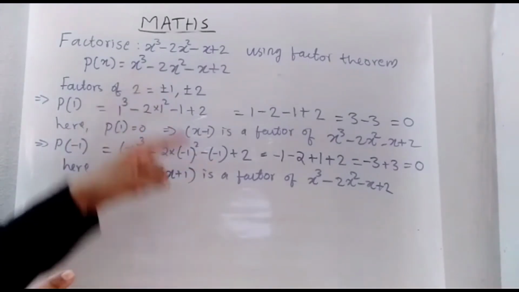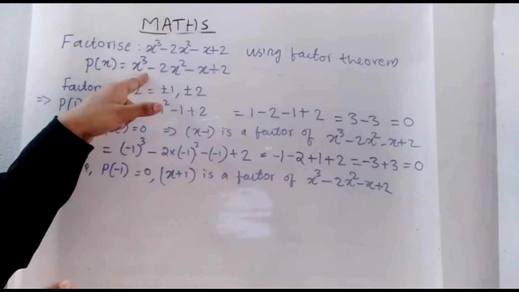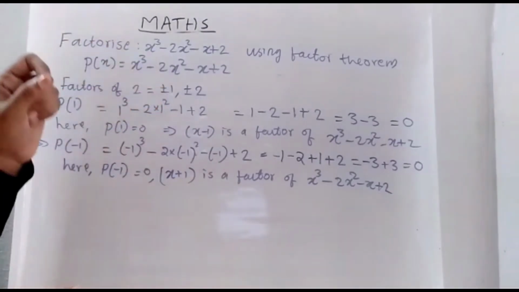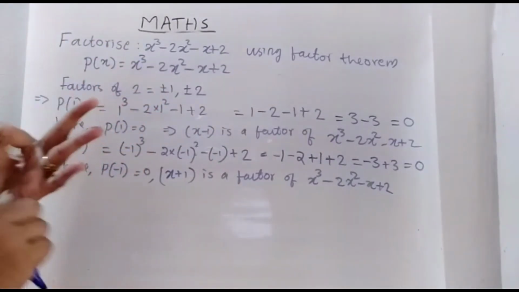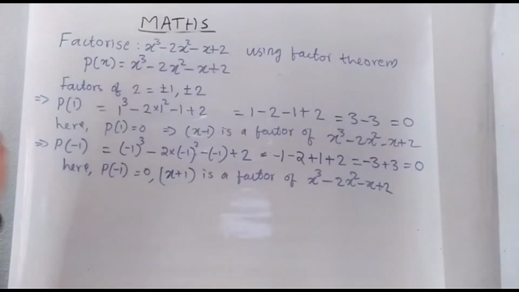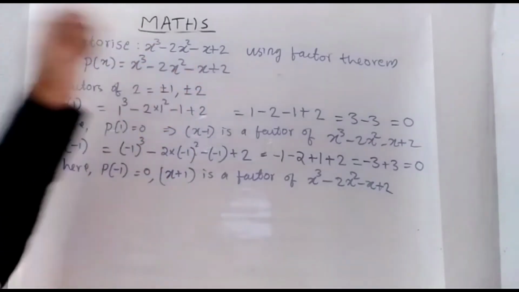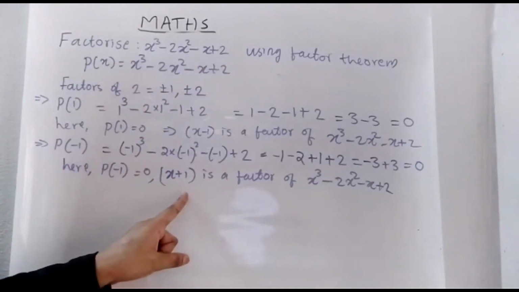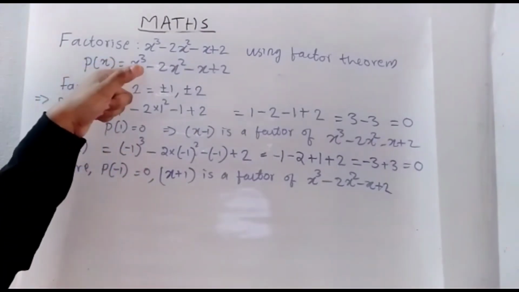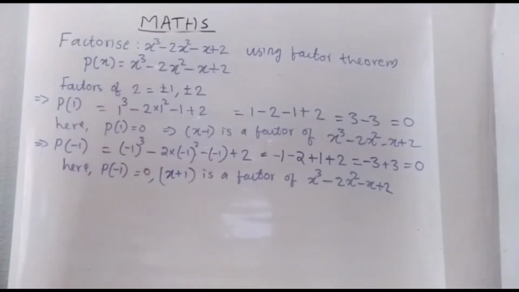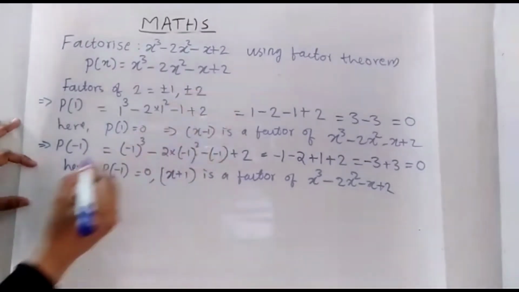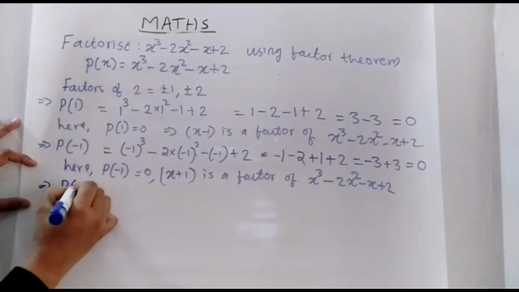But here it is which kind of polynomial? Cubic polynomial. So we should get maximum three factors. So we should check more terms. We cannot stop here because it is a cubic polynomial. So let's check p of 2.